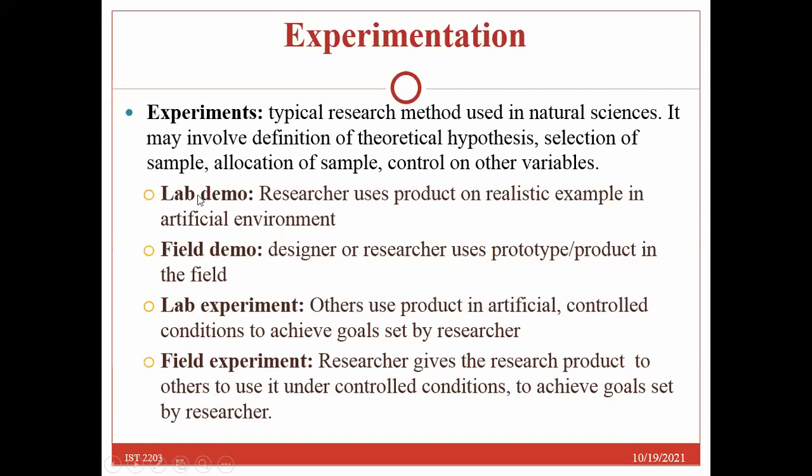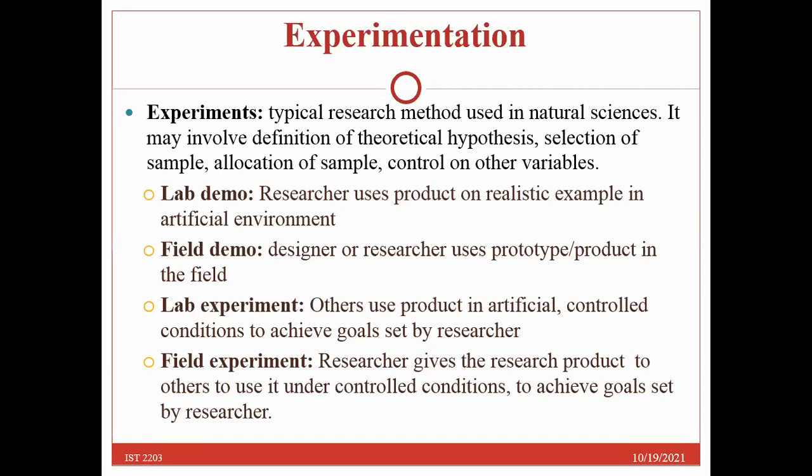It's a lab, an artificial environment, but you have your product and you use it on an example. Then you have a field demo, where the researcher or the designer uses a product or a prototype in the field. You have developed an app, people use it in the field, and you see what happens or what changes in them.